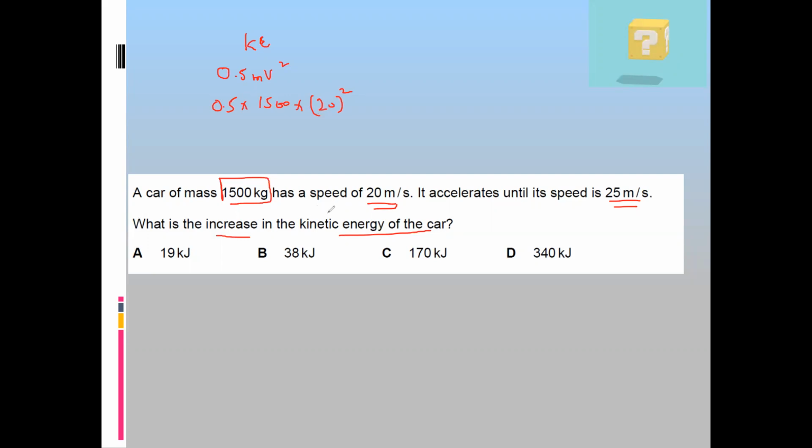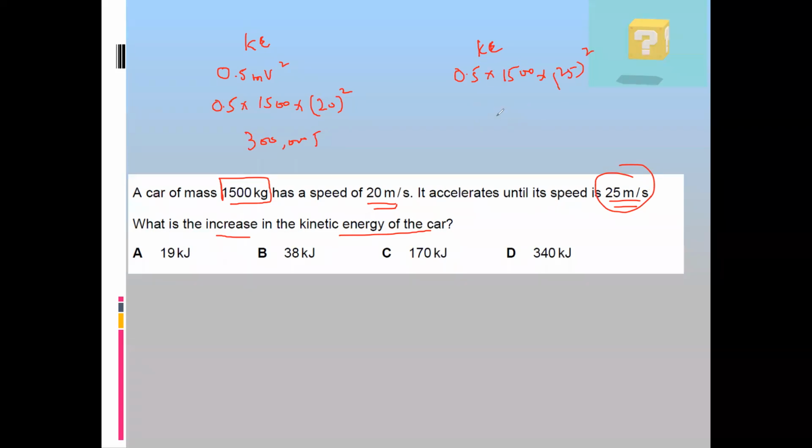What's the answer for this? 300,000 joules. So this is 300,000 joules. Then there is a new kinetic energy, because if the speed changes, the kinetic energy will also change. So new kinetic energy is 25. So it will be 0.5 multiplied by 1500 multiplied by 25 square.